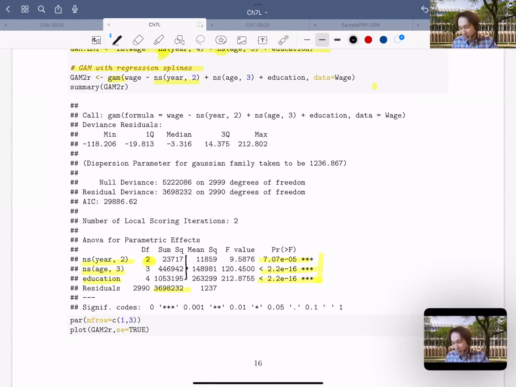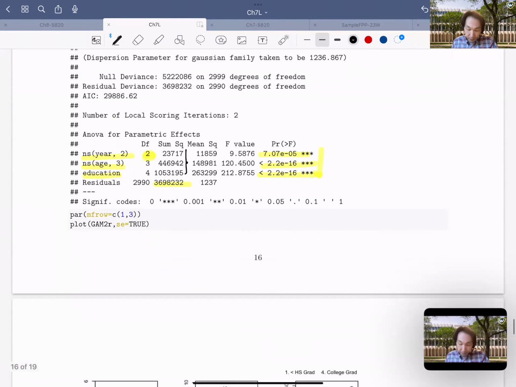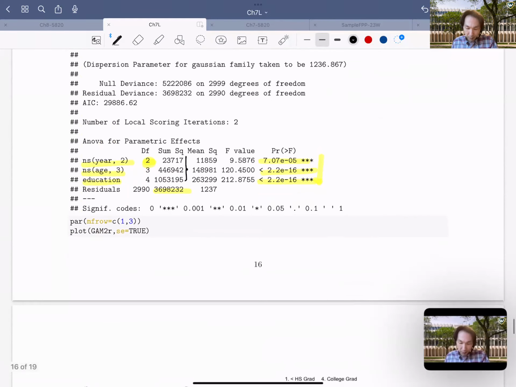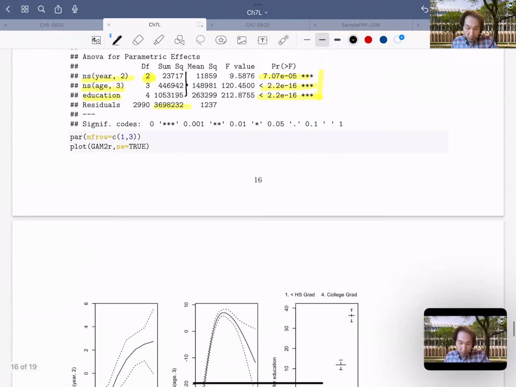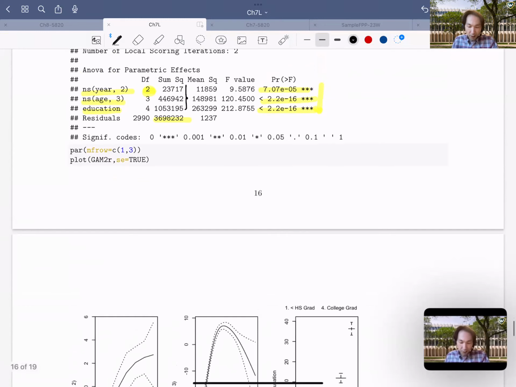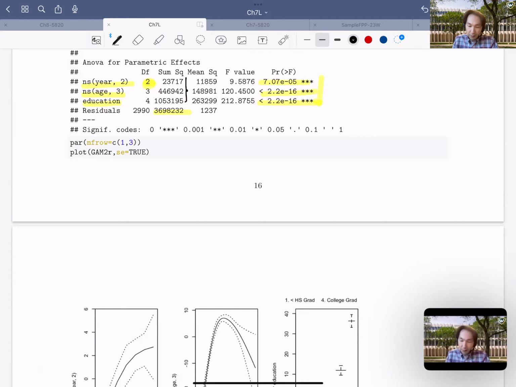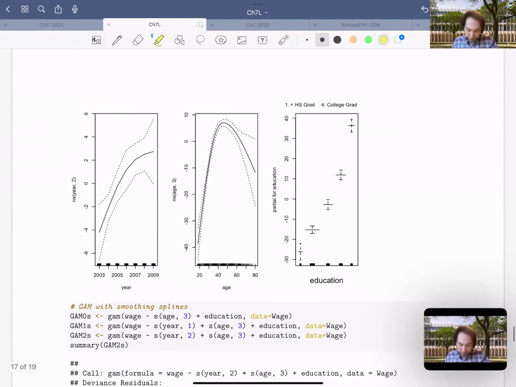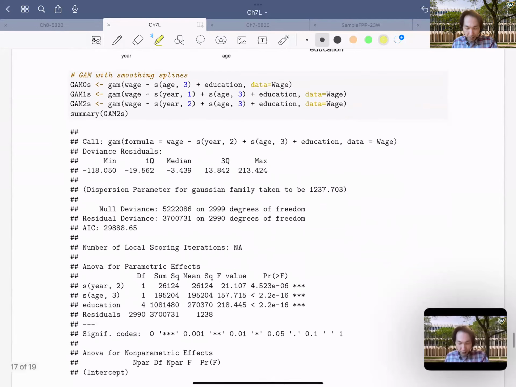So maybe we have only explained about 30% of the entire variation by year, age, and education. Education is really the largest factor, age explains maybe half of that amount additionally, and the year only explains 20,000 of the variation.